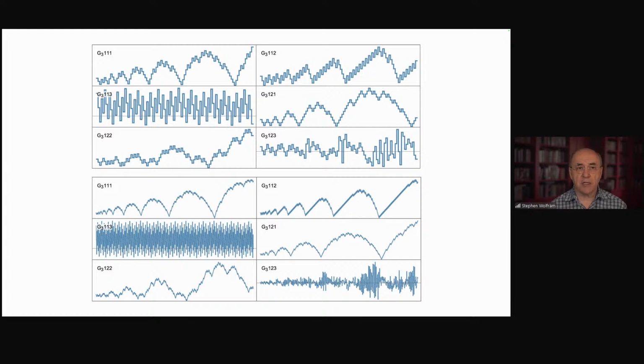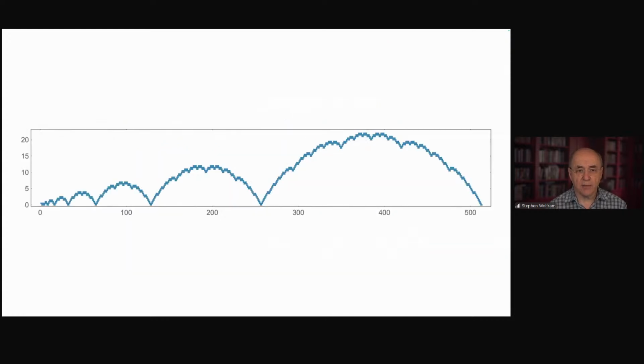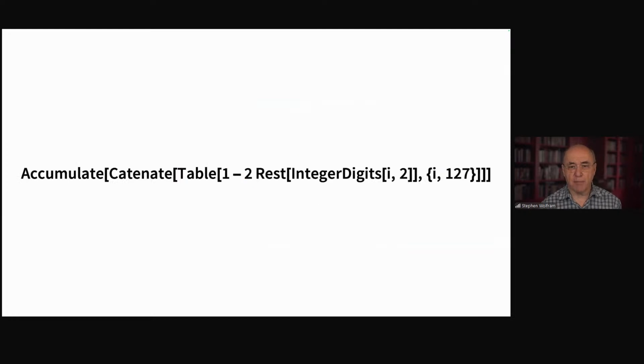So for g sub 3 1 1 1, using initial conditions f of 1 equals f of 2 equals 1, and plotting f of n minus n over 2, we get this form here, which has a nested structure that's closely related to the result of concatenating binary sequences of successive integers, a Champernowne number type thing. But despite the regularity in the sequence of values, the evaluation graph for this function is not particularly simple.